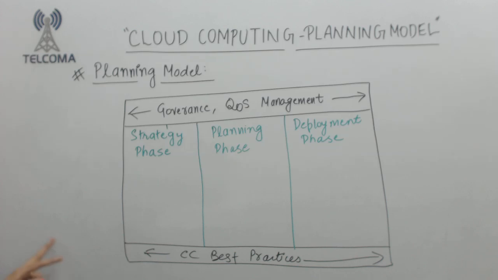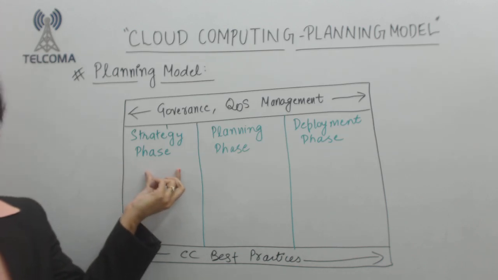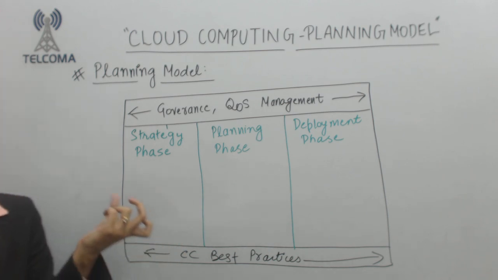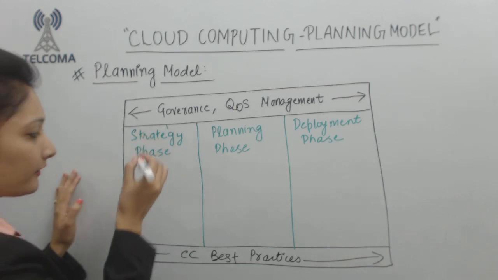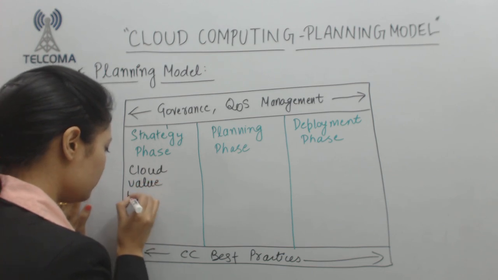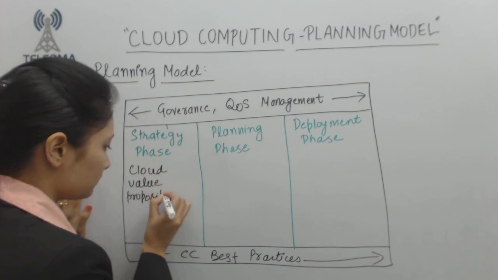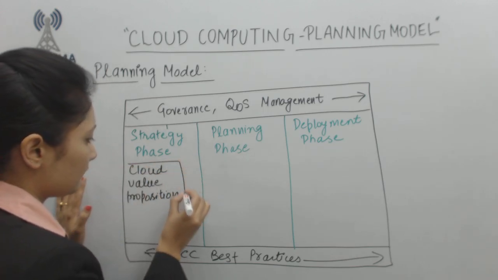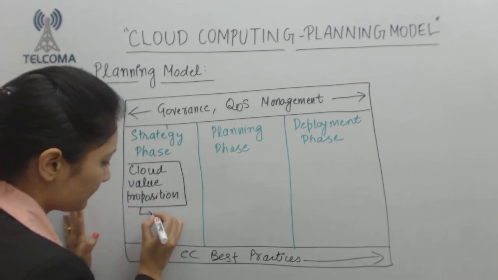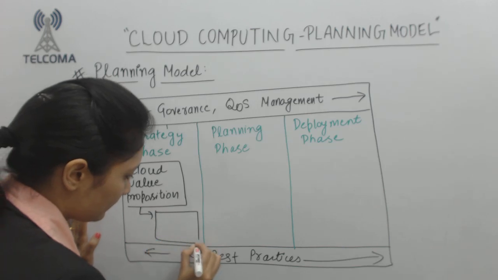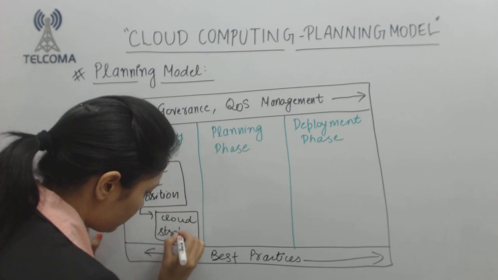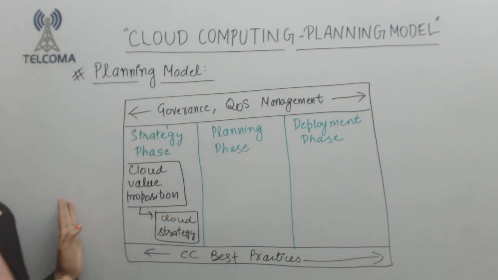Under your strategy phase, you have two subcategories, which are the cloud value proposition and the cloud strategy.